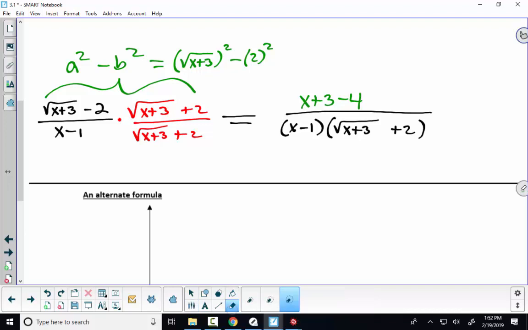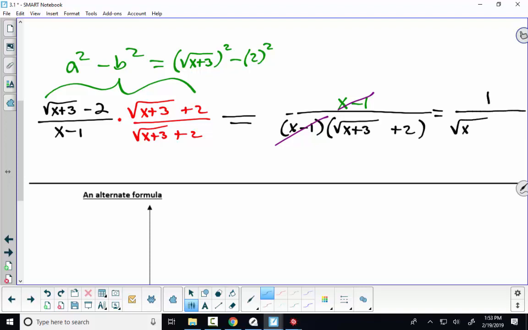So that's giving us our x minus 1 up top, so we can cancel it with the x minus 1 on the bottom. So that and that are gone.